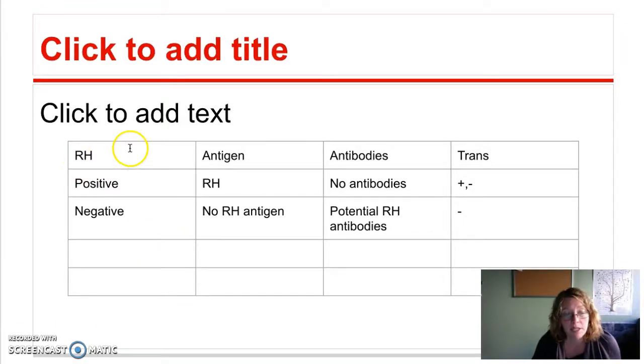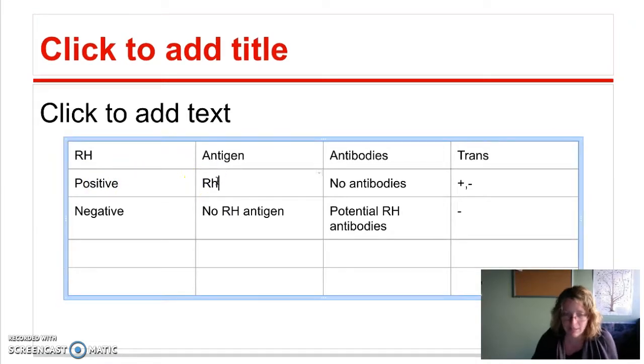So if somebody is Rh positive, that means that they have Rh antigen. I'm going to make this a little h because that's the right way to do it. So they are Rh positive, they have that Rh antigen. They're not going to make any Rh antibodies. And so they can get either Rh positive blood or Rh negative blood. If you are negative, though, that means that you have no Rh antigen.